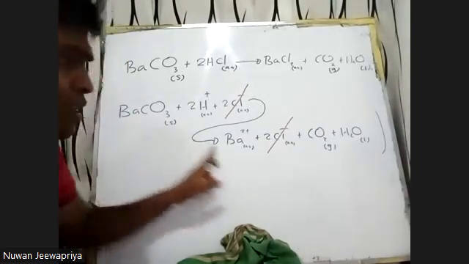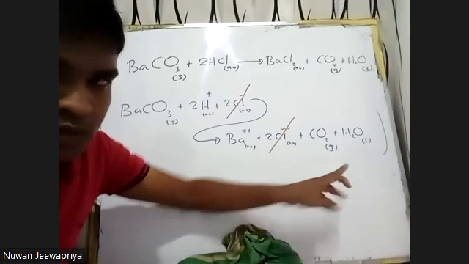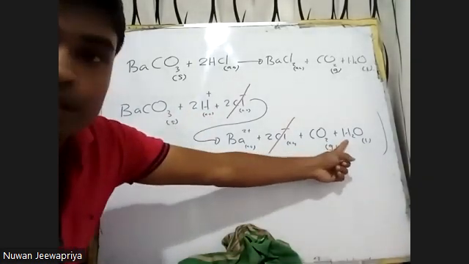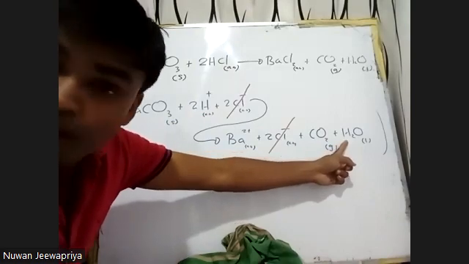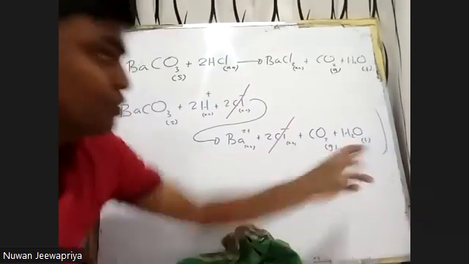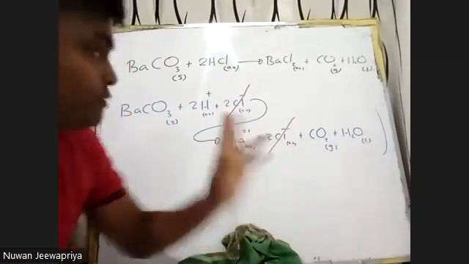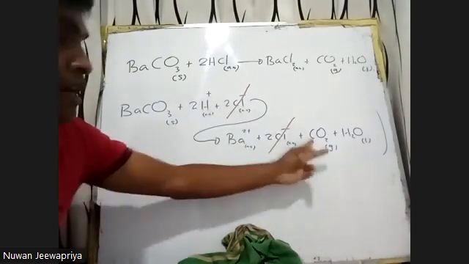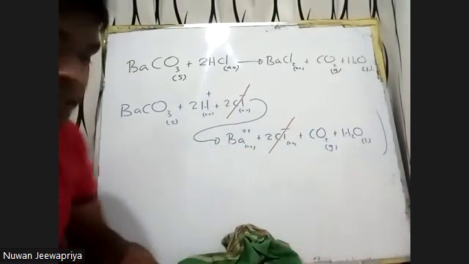Such a thing is not on the other side of the arrow, so we can't cancel it off. 2H plus is not the same as the H2 on the other side, which means it reacts, so I can't cancel it. And the carbon dioxide gas cannot be cancelled off.